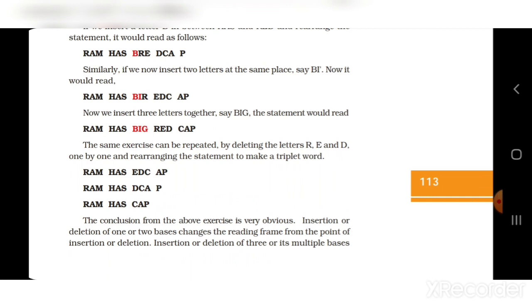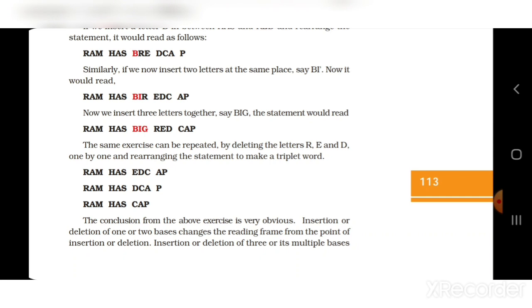The second type of mutation is the frame shift mutation, where the change is in the reading frame due to insertion or deletion of base pairs. First we go through the insertion, where one or more nucleotides are added in the DNA segment. The insertion of three or multiples of three bases does not change the reading frame, but it can add a new amino acid.